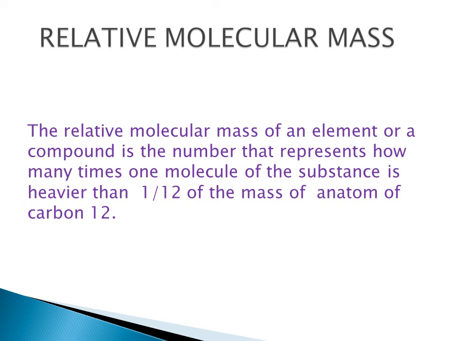Now the definition: the relative molecular mass of an element or a compound is the number that represents how many times one molecule of the substance is heavier than 1/12 of the mass of an atom of carbon 12. Understood?